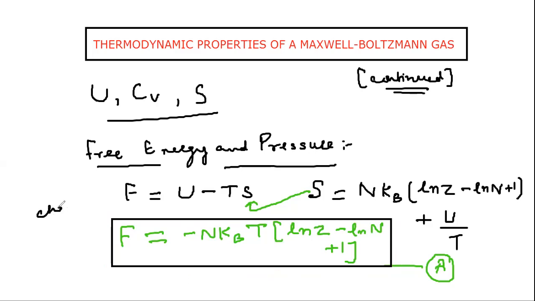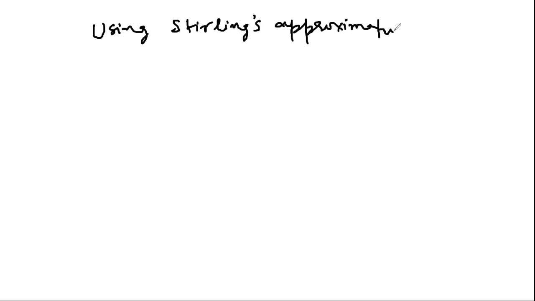We will check it. Now, using Stirling's approximation in this equation A, but in reverse, we get that equation A reduces to this equation.